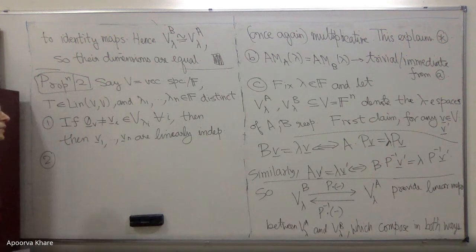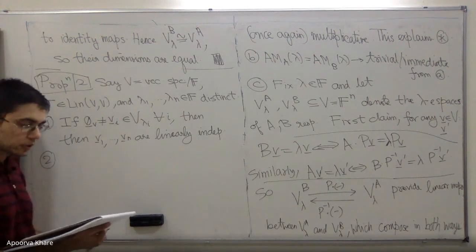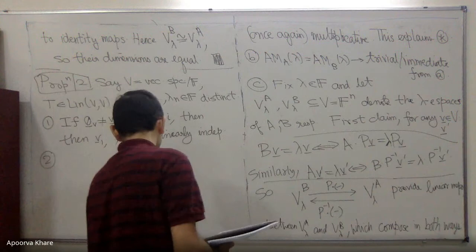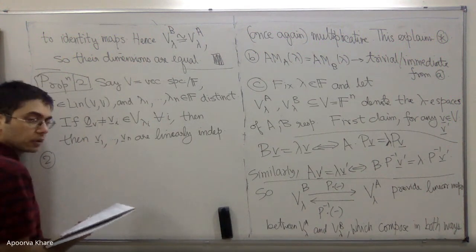And the next thing is, in particular, the sum of these eigenspaces is direct. So maybe that's the third point.